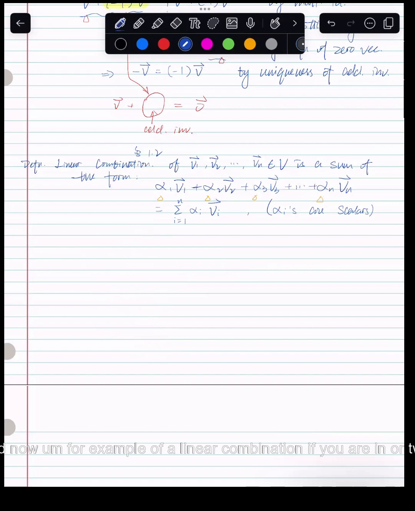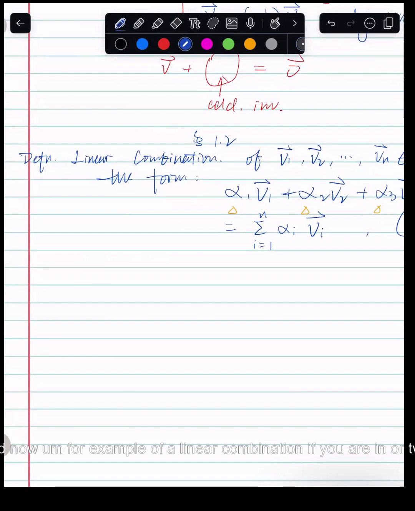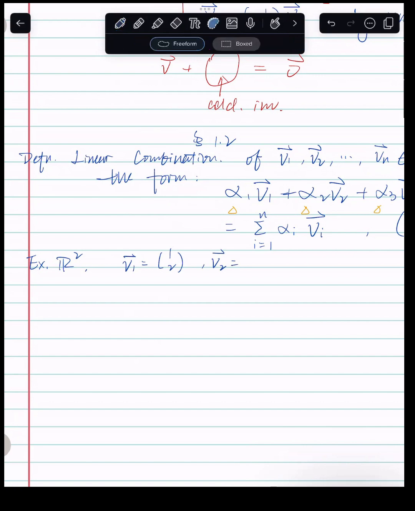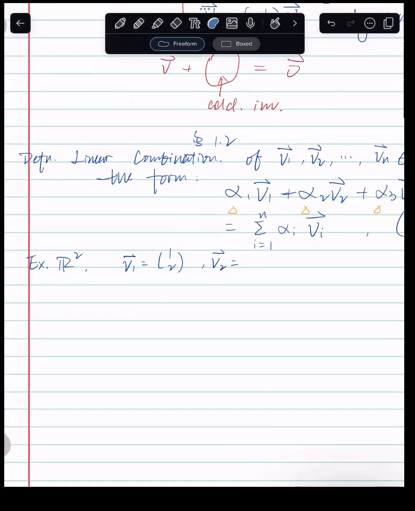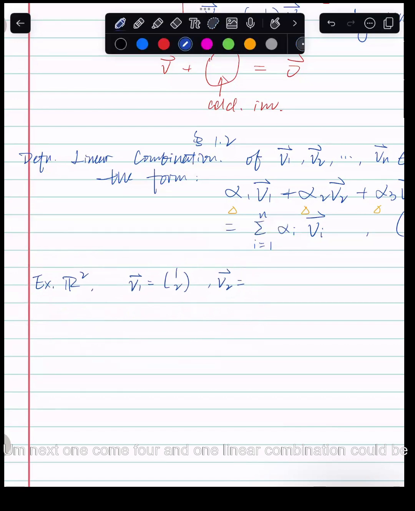Now, for an example of a linear combination, if you are in R2, we have V1 equals (1, 2) and V2 equals (1, 4).